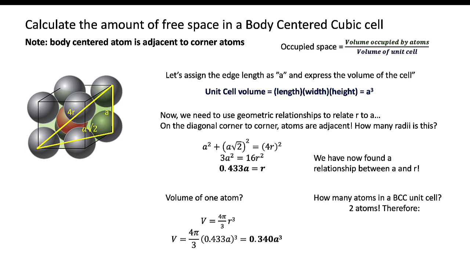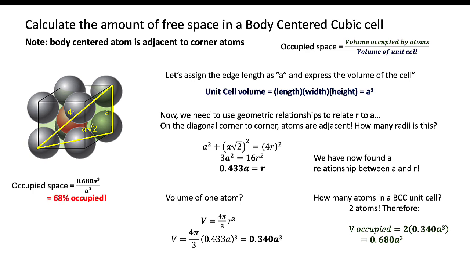We know there are 2 atoms, and therefore the volume occupied is 2 times the amount of space that one sphere occupies, and that's 0.680A cubed. Finally, we just take the volume occupied by the atoms divided by the volume of the unit cell, which is A cubed, and that's how we get our 68% occupied. This is the same process you would use for any other unit cell. You would just have to determine your geometric relationships based on what you know.